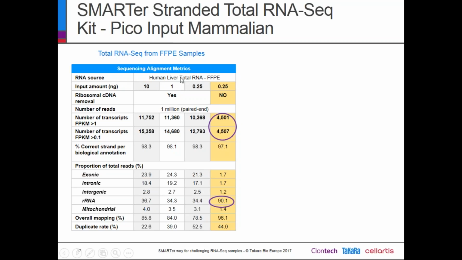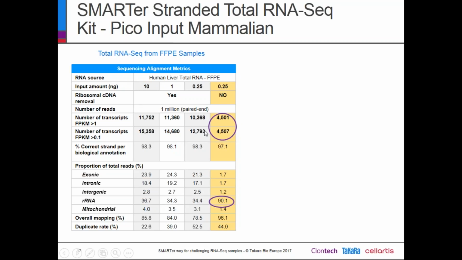So here we took a human liver total RNA FFPE sample with a RIN of 2.5, and this is a very complicated sample because even when started with a high input amount, we are always around 30, more than 30% of ribosomal RNA left, as you can see here. But what's interesting is to compare what happens if we don't use the method, the ZAP-R and R-probes, to deplete ribosomal RNA.